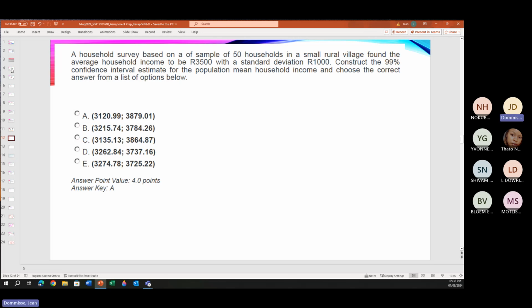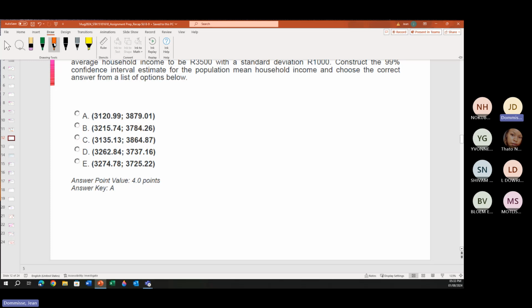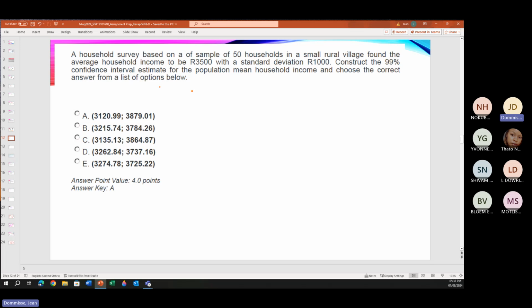They might give you 1 out of 2 because you still followed the process or you still used some of the information. So that is when you might get a half mark or 1 mark out of 2: your answer is wrong, but you did some of the steps correctly. Okay, so let's look at this question.